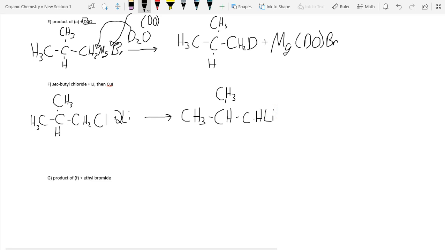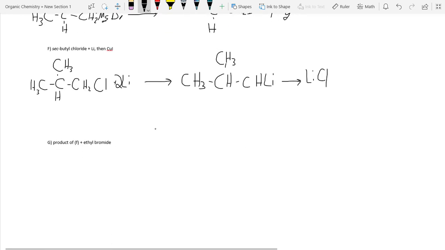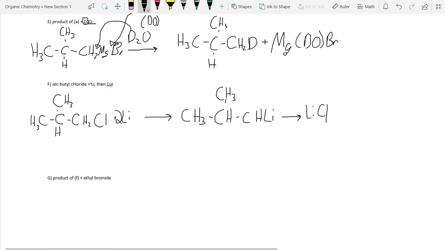They are going to be replaced with the lithium, and as a result, you're going to have lithium chloride. So that's what happens when you add just the Li to it.